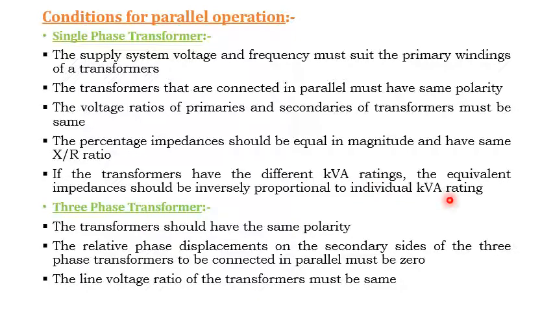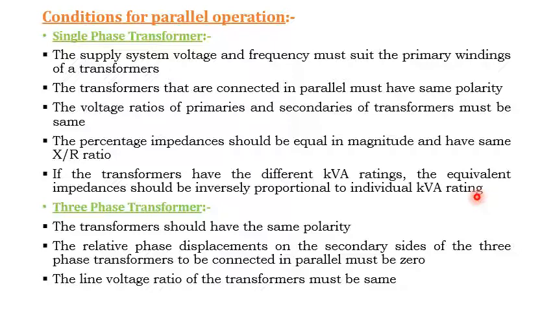to individual kVA rating. If the transformers have different kVA ratings, suppose transformer A and transformer B are connected in parallel, so transformer A has some kVA rating, transformer B has some kVA rating, but both kVA ratings are different.